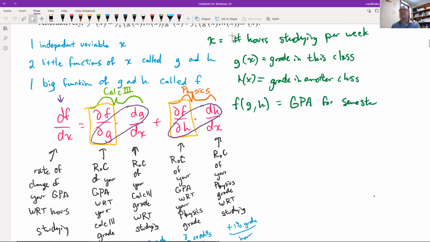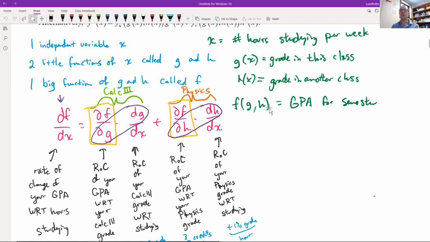So you can imagine that your grade could be a function of the amount of hours that you study per week. But then you would maybe want to think about your GPA, which incorporates multiple courses. So your GPA is a function of your grade in calculus and your grade in, say, physics.